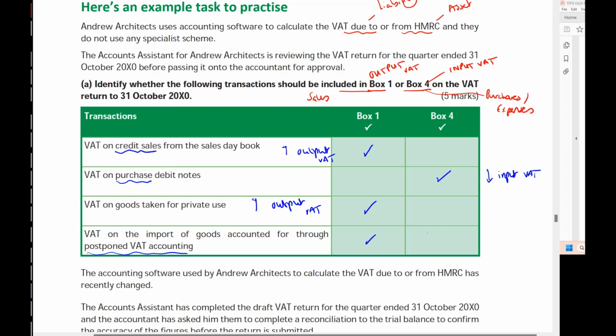So there is no overall effect in terms of extra VAT to pay or reclaim. VAT is added into box 1 and 4. So we increase both boxes. And that's worth 5 marks. Because the last one was a little bit of a trick question, because it needs to go into both.